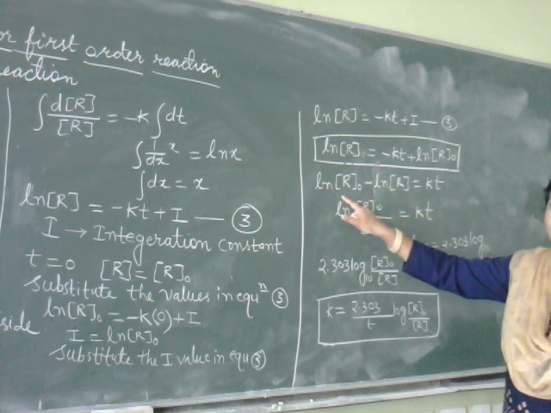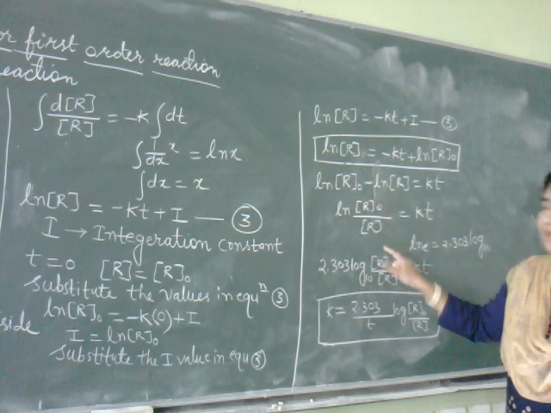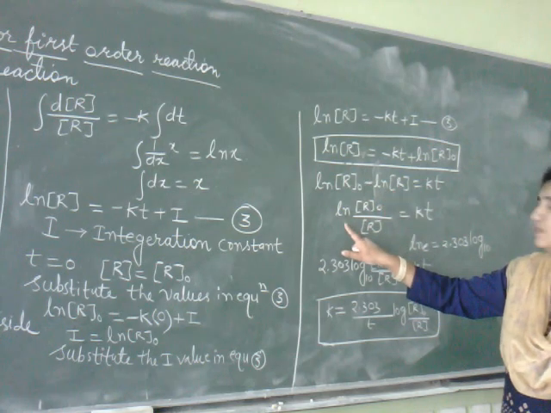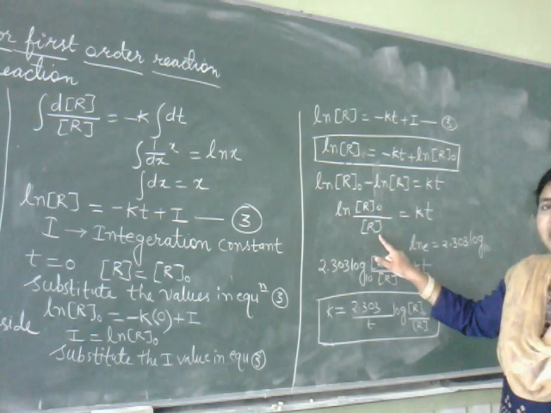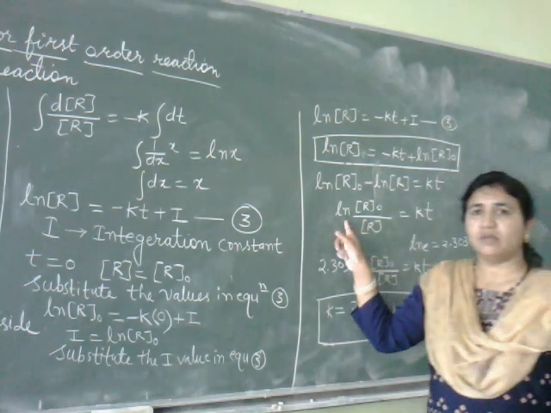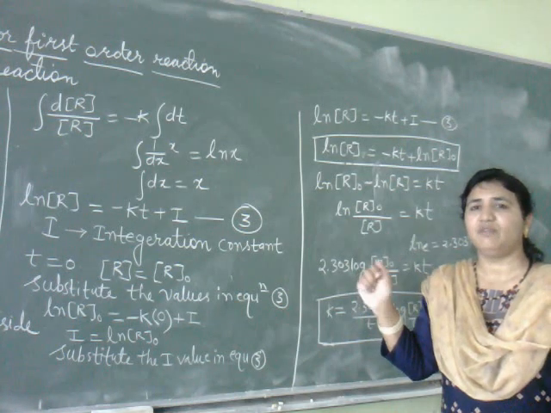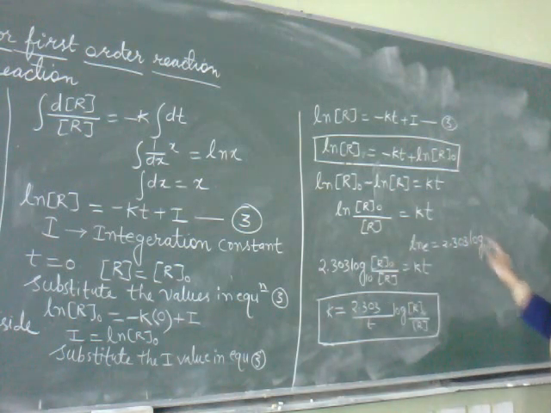We know that log A minus log B is nothing but log A by B. The same formula we use here, so ln R naught by R is equal to kt. This ln is log to the base e, and if you want to convert it into log 10, then we have to multiply with 2.303 log 10.